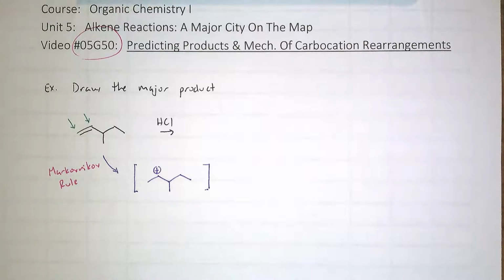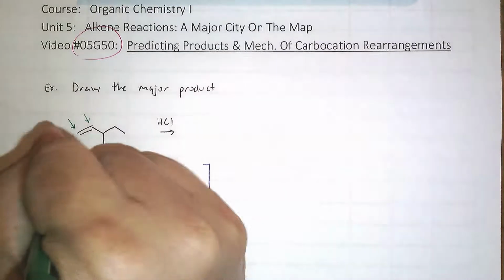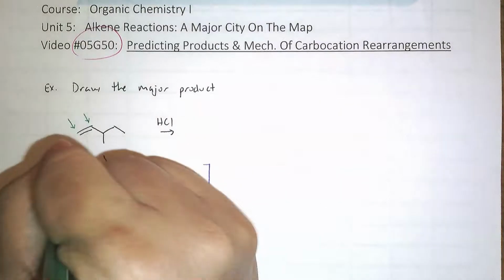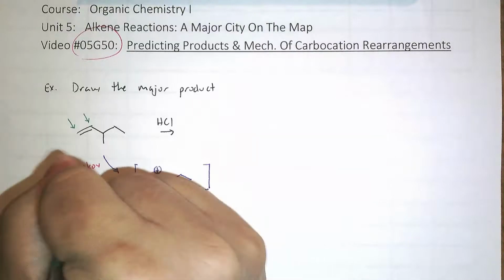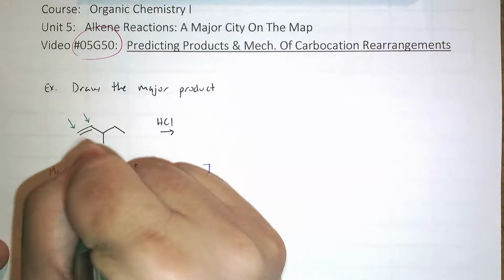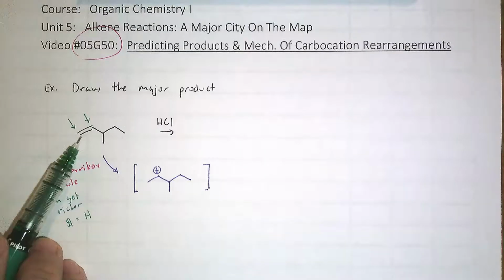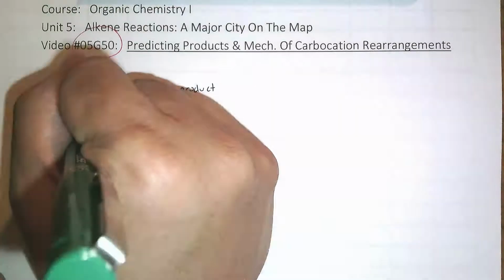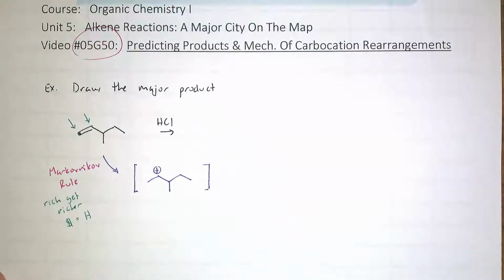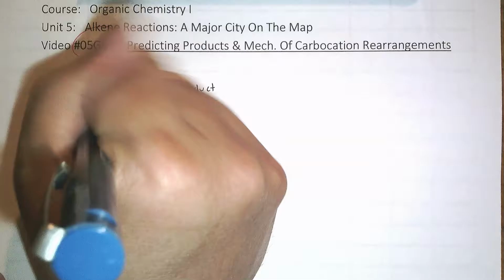A couple things. Markovnikov's rule, if you don't remember, I like to think of it as the rich get richer, and the money is hydrogen. So if you look at this double bond, there are two hydrogens on this carbon, and there's one hydrogen on this carbon.